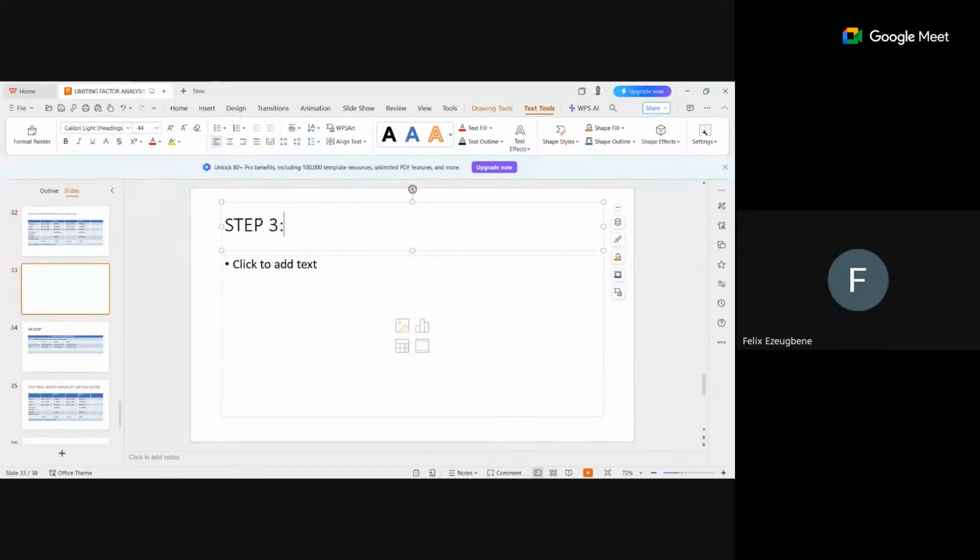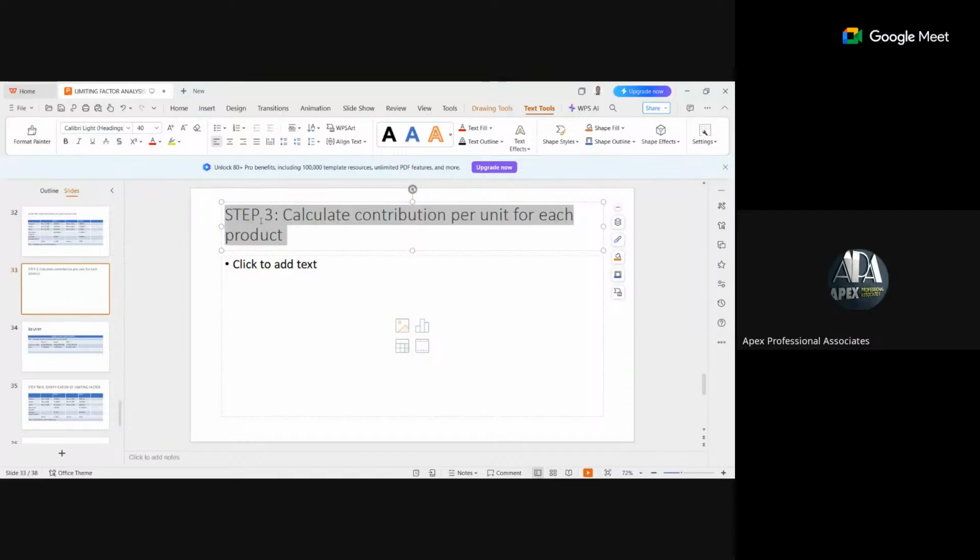Selling price minus variable cost. Calculate contribution per unit for each product.